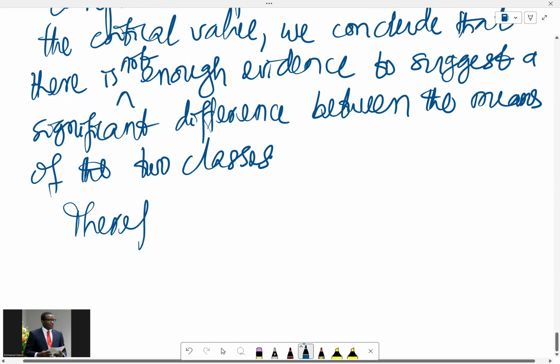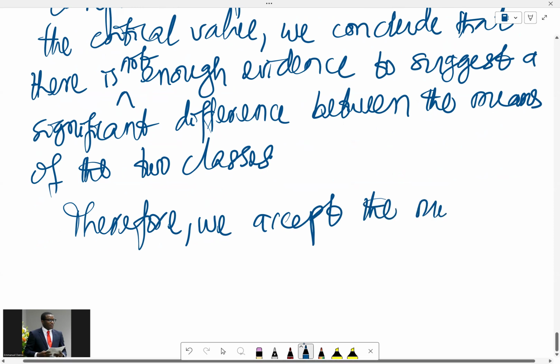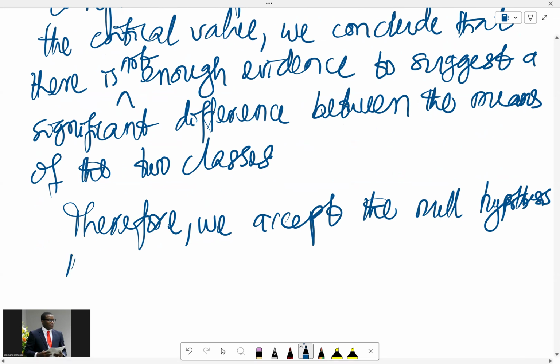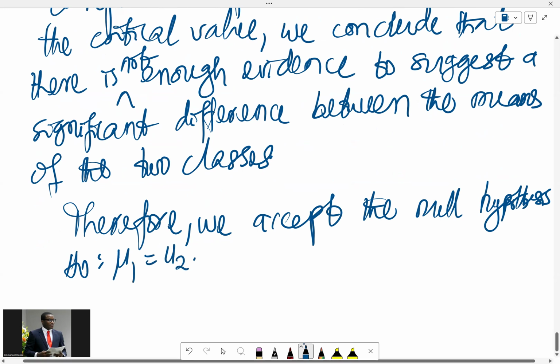Therefore, we accept the null hypothesis H naught, which says that mu1 is equal to mu2.